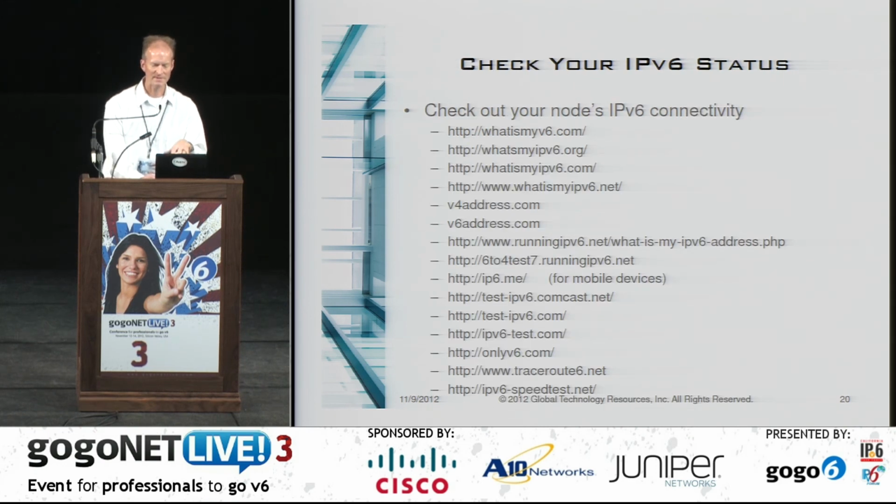There are many other websites that check your V6 status and your V6 connectivity. IPv6-speedtest.net can even do an IPv6 speed test, for example. There are more websites coming every week that allow you to facilitate this type of testing.